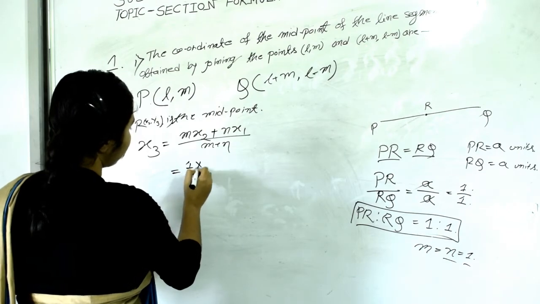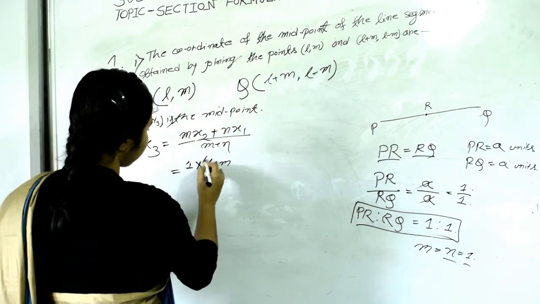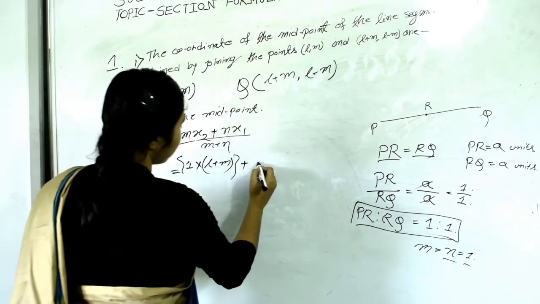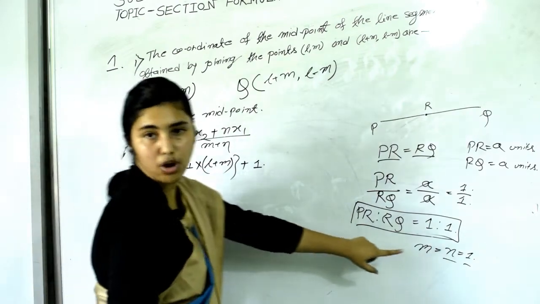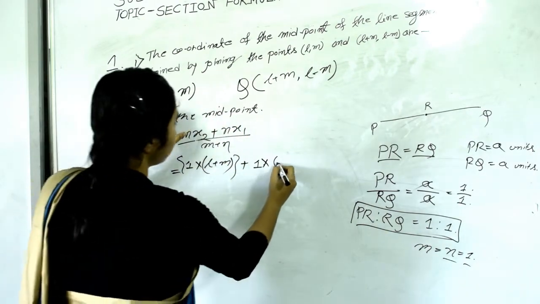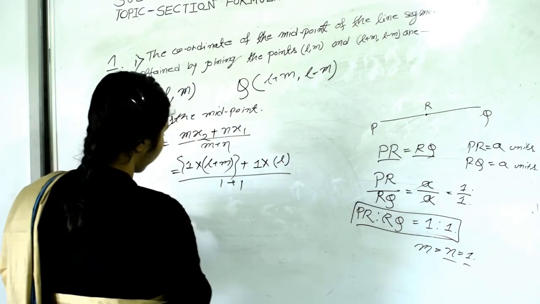So 1 into x2, x2 is L plus M, plus N into, again the value of N is also 1 into x1, which is L, by M plus N. So 1 plus 1.